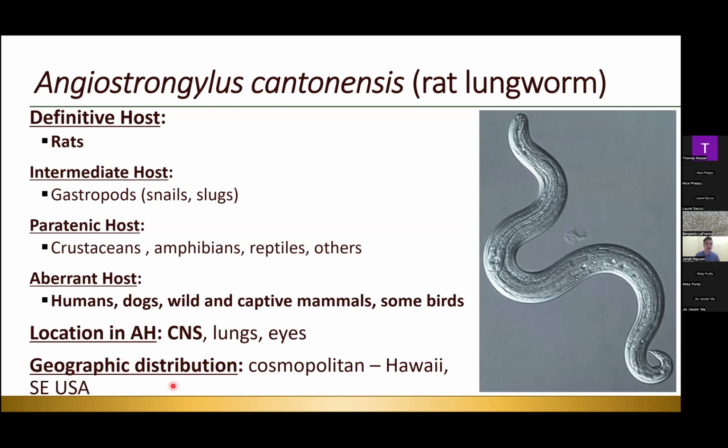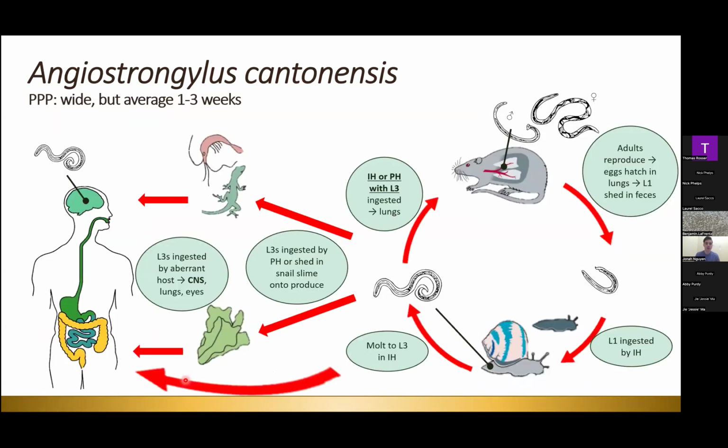And then the distribution, it's all over the world, technically in each country, but within the US, it's concentrated especially in Hawaii and the southeast US. So just a quick life cycle. It's in rats. They get shed and then ingested by a gastropod. It matures to an L3 stage in the gastropod.